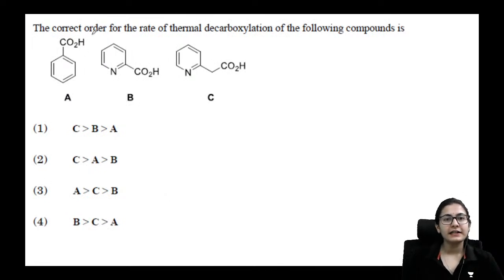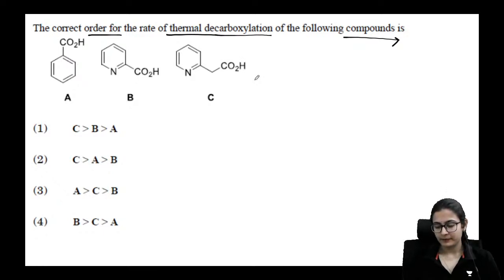Let's see, guys. The correct order for the rate of thermal decarboxylation of the following compound is. Another very important concept. Which decarboxylation is the fastest and which is the slowest?